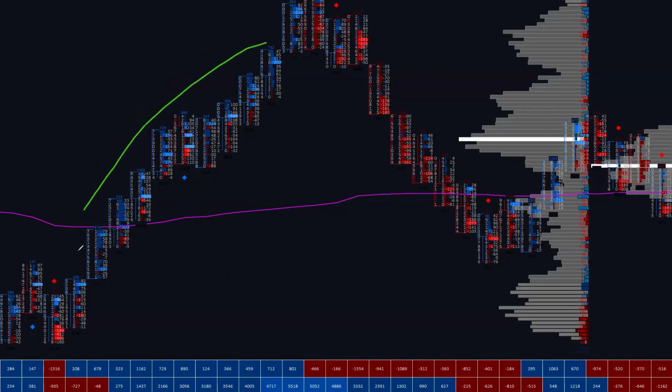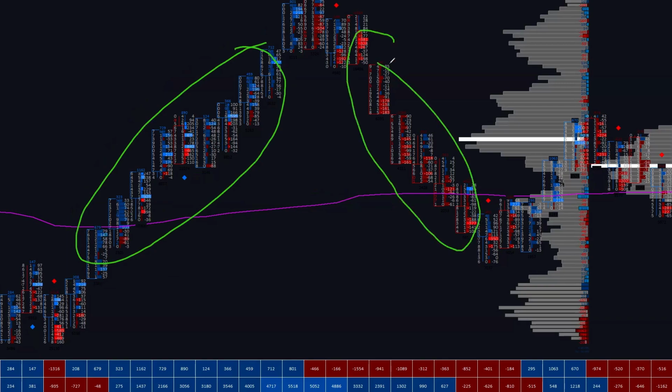So if I compare all of this aggression to the upside versus what happens to the downside, the only real aggression I see on the downside is over here, as well as down over here. So this whole move from about, let's say 73 all the way down into about 60, these 13 points don't necessarily have too much strength on the downside momentum. Right?